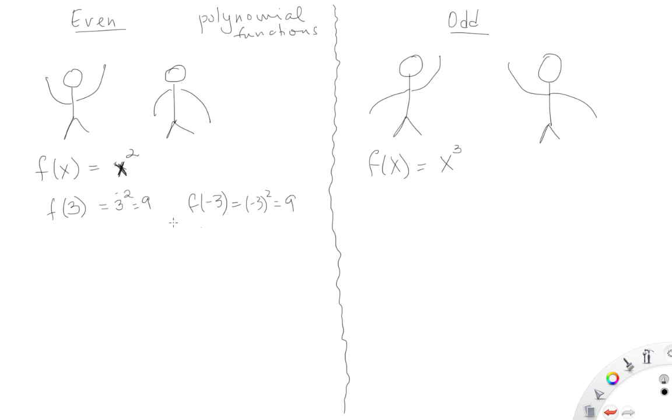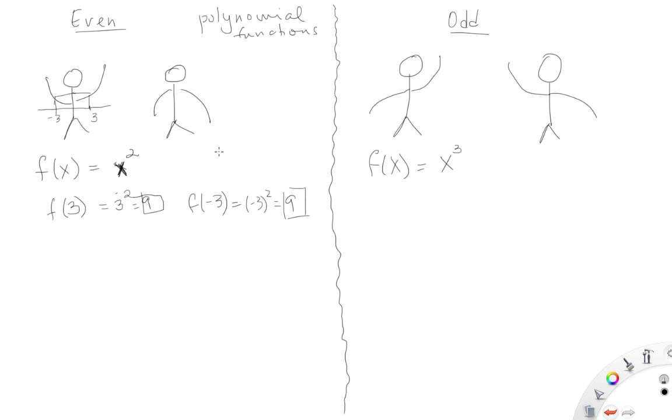Well, that's still 9. So my output is really the same. So if this is a coordinate plane over here, a positive 3 gives me an output of 9, and a negative 3 also gives me an output of 9. That's why my function points in the same direction, right?